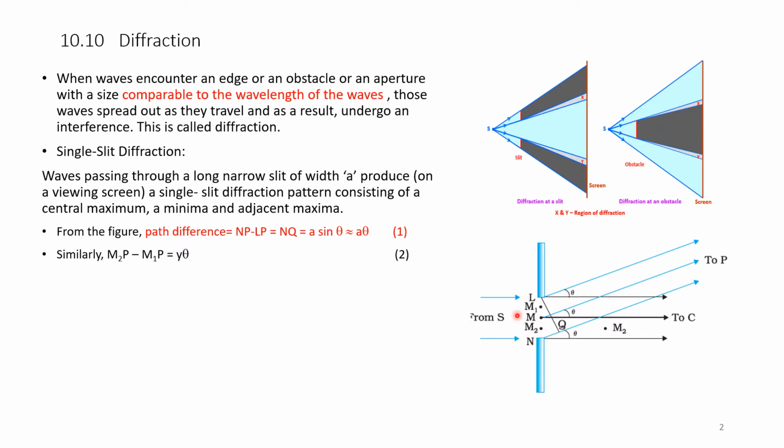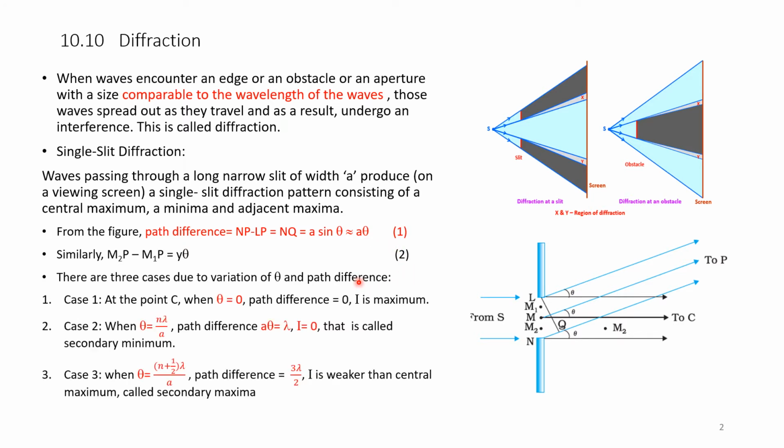If you take this angle as theta, the opposite side is a sin theta. If LN is a and the angle is theta, the opposite side will be a sin theta. For a small angle theta, this will be a theta. Therefore, NP minus LP equals NQ equals a sin theta, which is equal to a theta, equation 1.